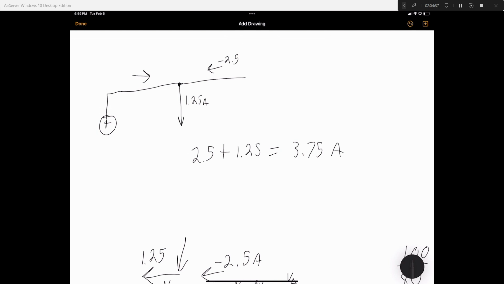Let's see if we can get number 4 now with my new knowledge. Find the power supplied by the current source. I'm pretty sure in the video that towards the end it gives you the answers.